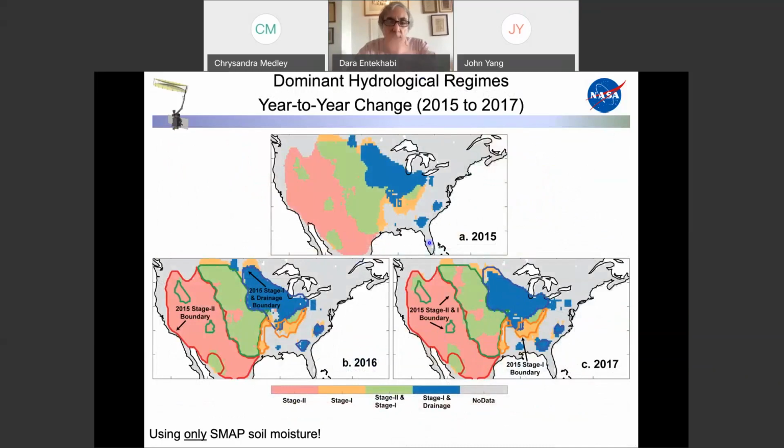And we can track those movements between different years in this example. There's a wealth of information in looking at how these things evolve over time. I'm just giving you a summary. There are regions which go in and out of one regime to the next, depending on the year. These boundaries, the dark green lines, are for this curve as benchmark. So there's a lot we can learn about which hydrologic processes are dominant, when and where.